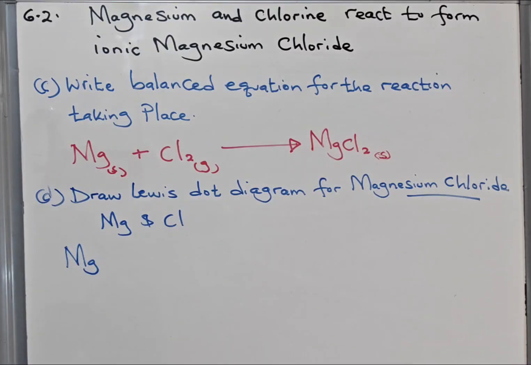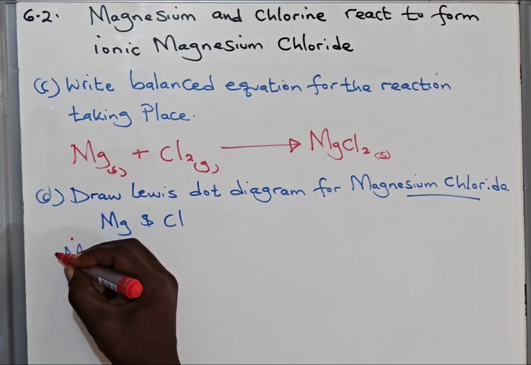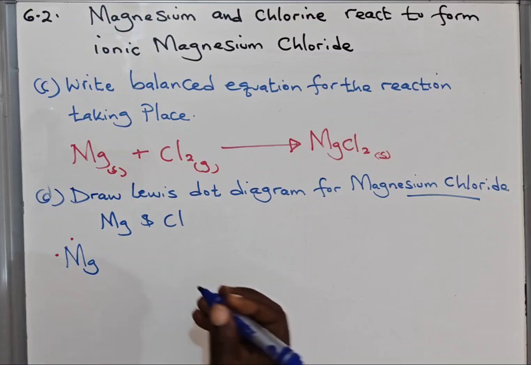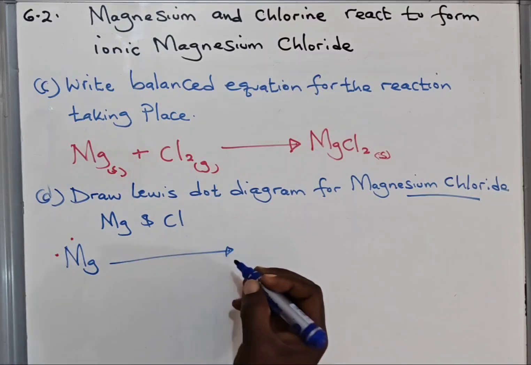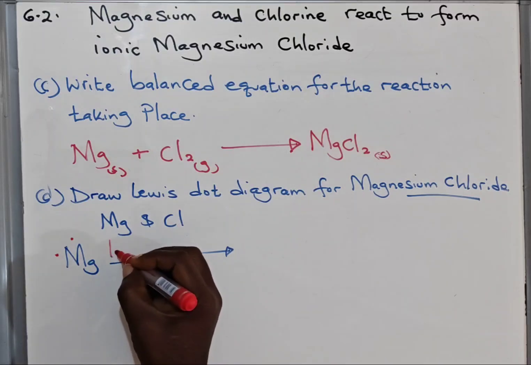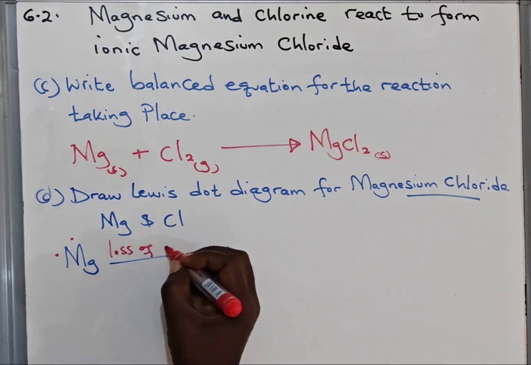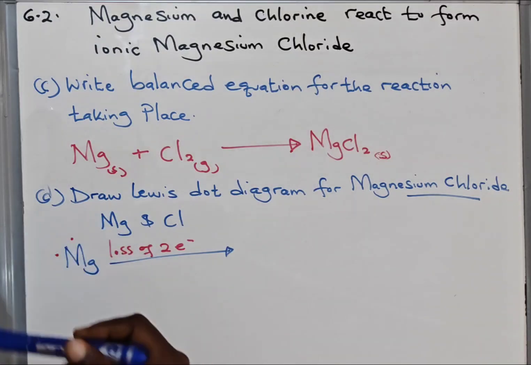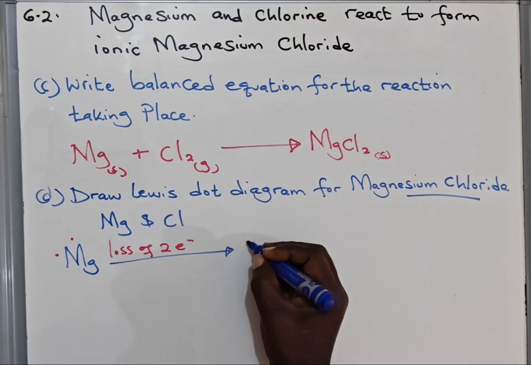Group 2 has 2 valence electrons, indicated like that. To attain stability, the best option is for it to lose the 2 electrons. So loss of 2 electrons takes away the 2 outermost electrons we had.